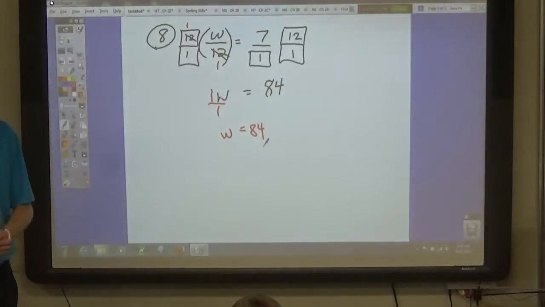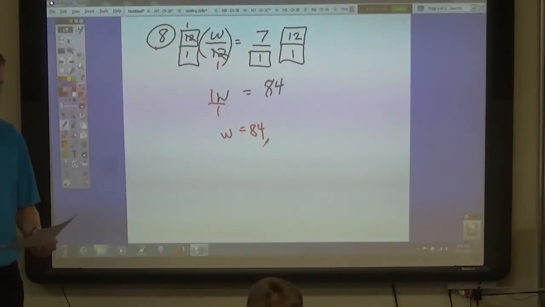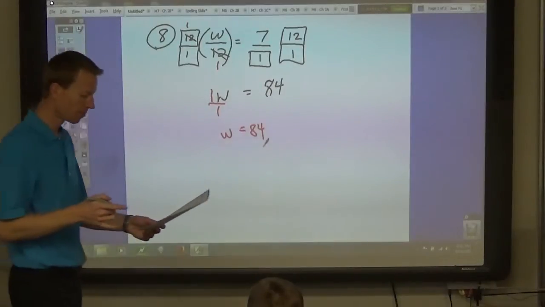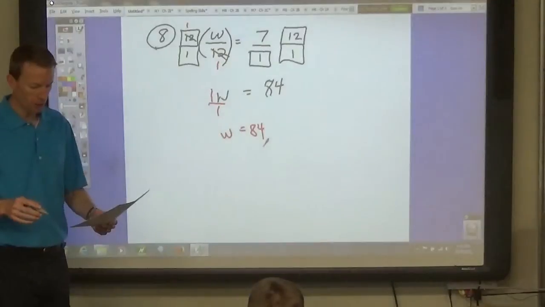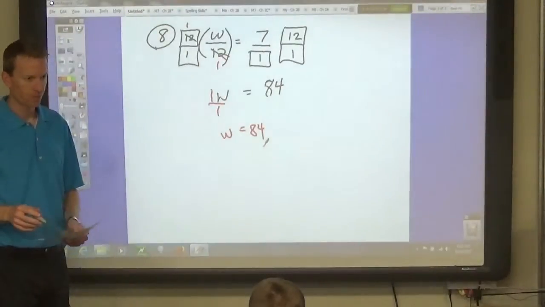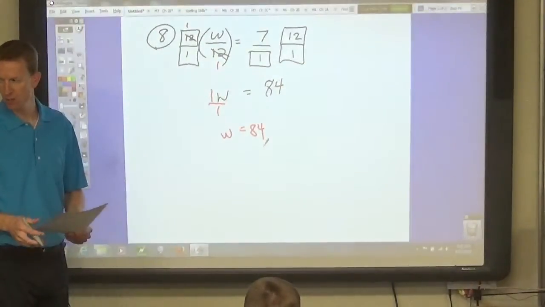Do you see the pattern in what you're doing? Find the coefficient. Multiply by its reciprocal on both sides. Cross out the reciprocals, and then find the solution.